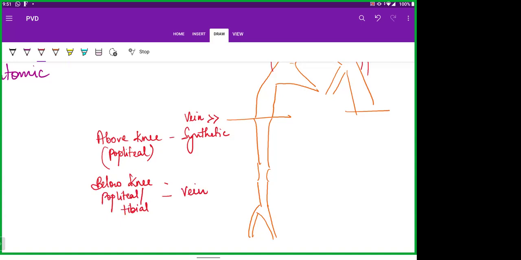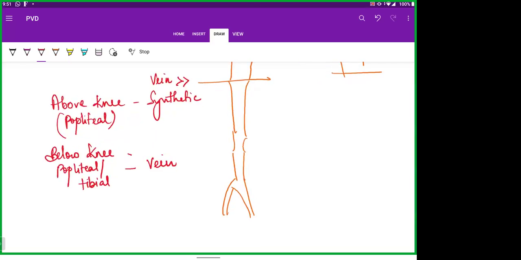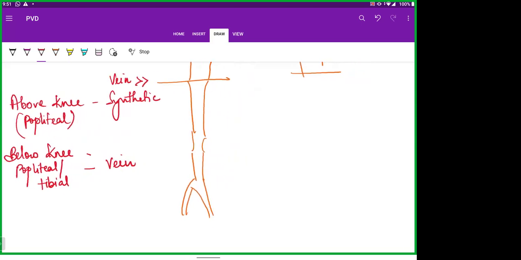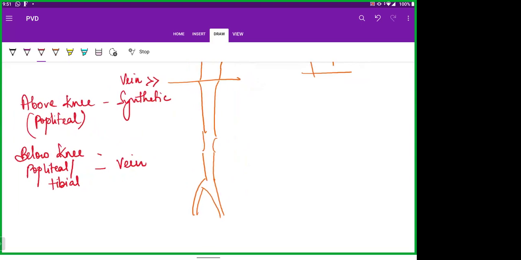Now the reverse thing what you mean is the veins have valves. So the natural flow is from the foot towards the heart. So if you take out a vein and fix it in the same configuration, like the lower part of the vein to the tibial artery and the upper part of the vein to the femoral artery, for example, if the valves are still patent, then the blood will not flow through because the valve allows only unidirectional flow.